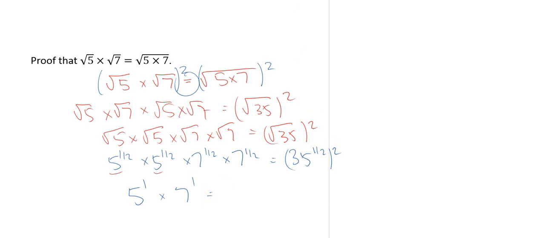And here we can multiply the 2 times the 1/2, and we get 35 to the 1. 5 times 7 is 35 equals 35. So we know that root 5 times root 7 is in fact equal to root 5 times 7.